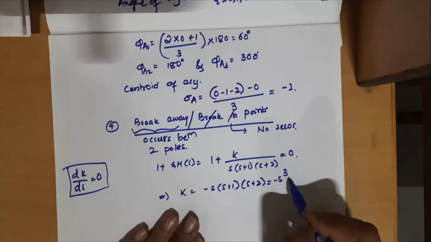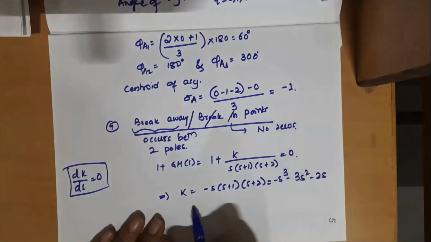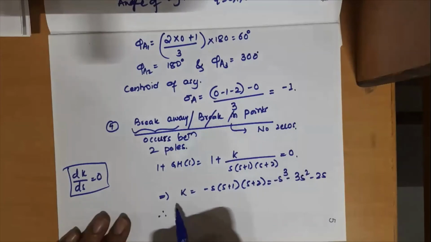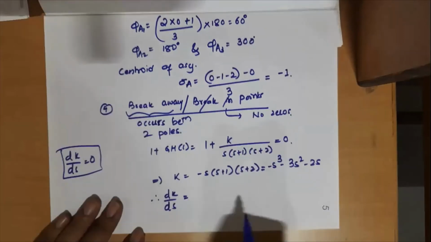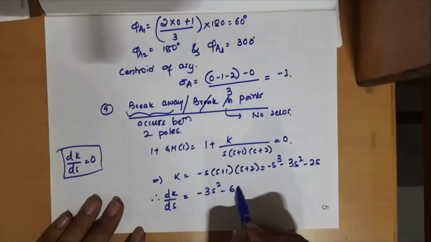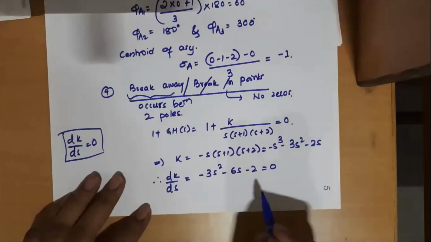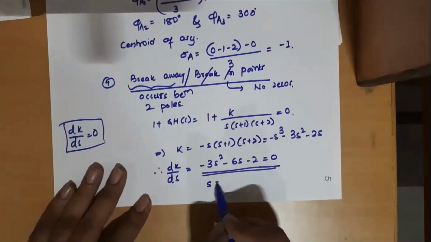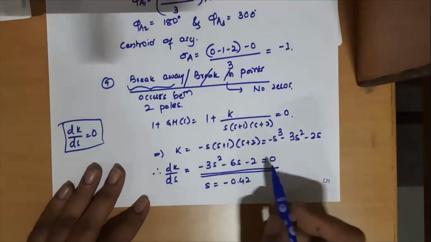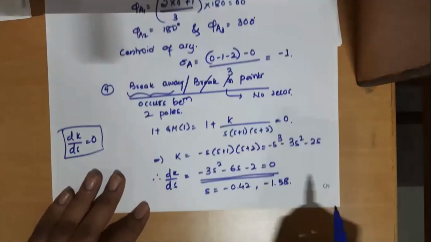So k equal to minus s into s plus 1 into s plus 2, or minus s cube minus 3s square minus 2s. So differentiate this, very simple: minus 3s square minus 6s minus 2. Equate this to 0 and find s value, it is minus 0.42.